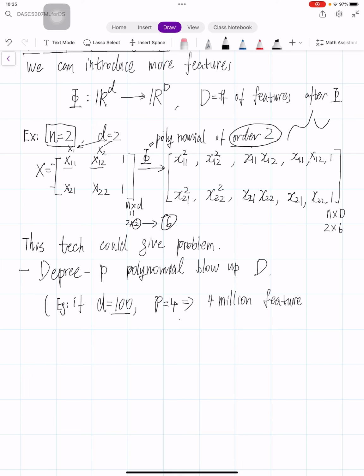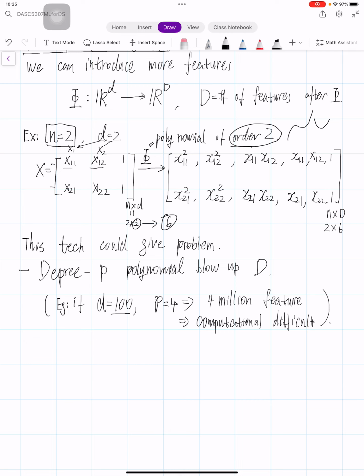And this makes the computation difficult.